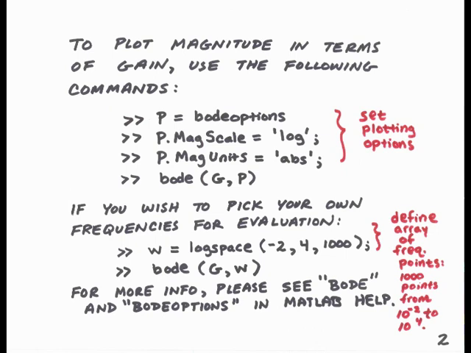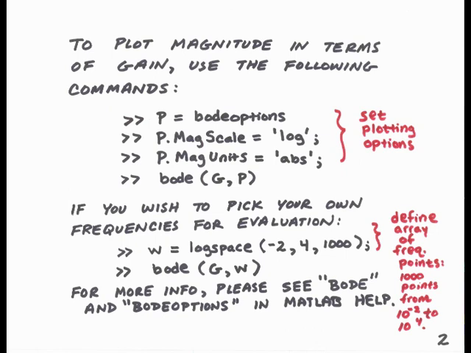Now let's suppose you really don't like to use dB for your magnitude plot, and instead you want to have the gain plotted just as the gain. So then what you do is the following. We have to set some plot options for bode, and the first lines here do this. We say P = bodeoptions.